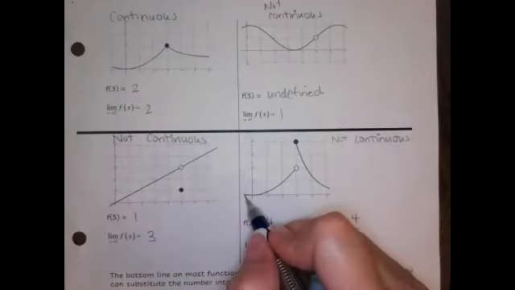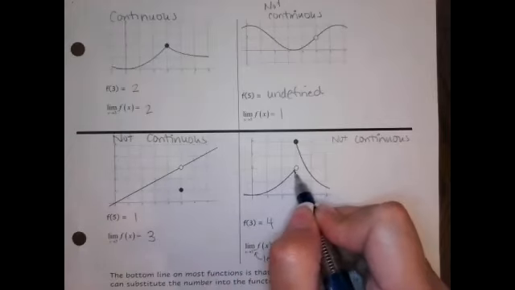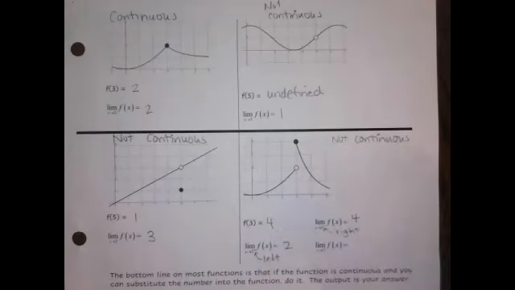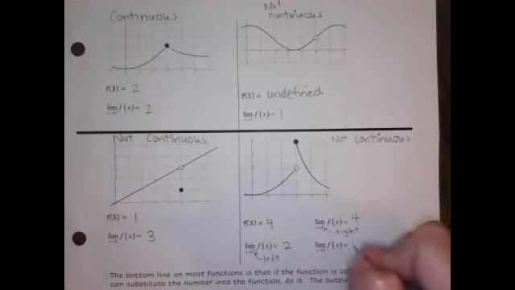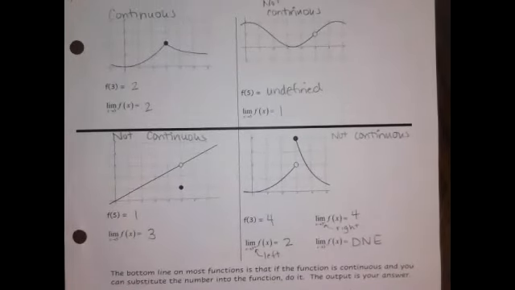From the left, though, as I'm coming in from the left, it is getting closer and closer to 2. Now, when we talk about the limit, it has to be going closer and closer to both points. In this case, our limit does not exist because they're not moving towards the same point. As we move closer and closer to that 3, we are not getting closer and closer to a particular point.